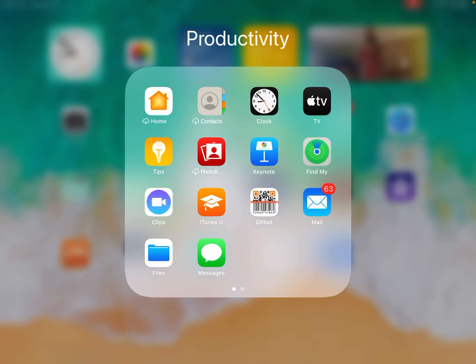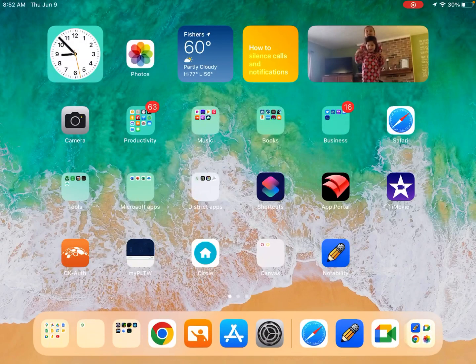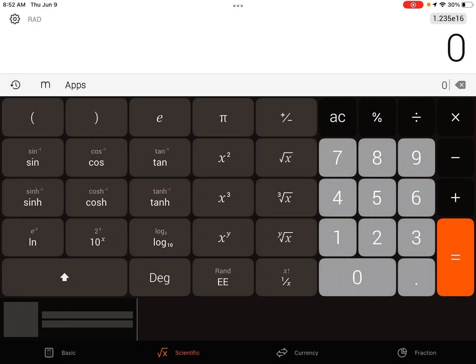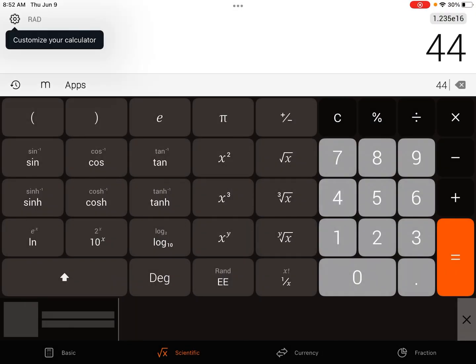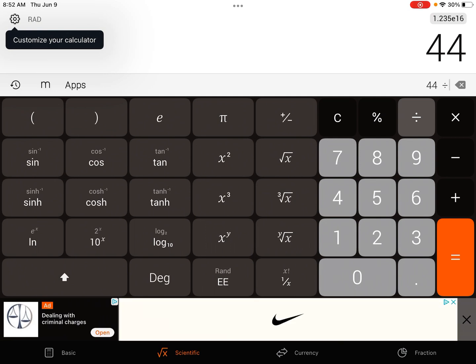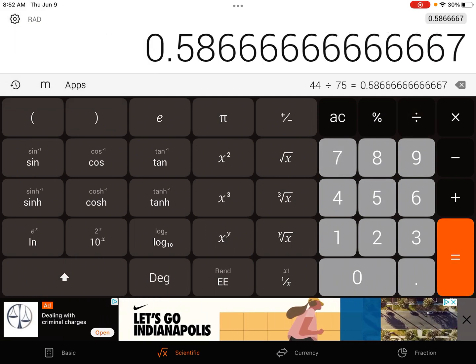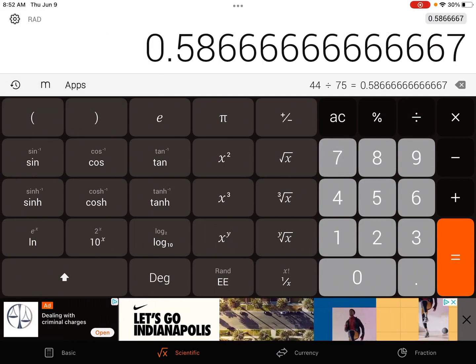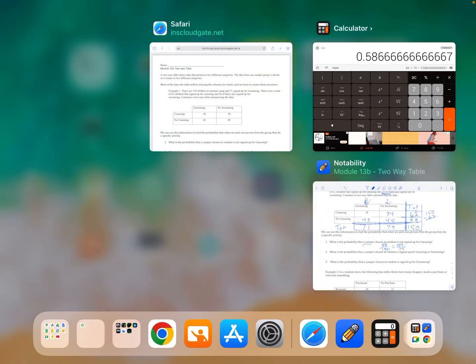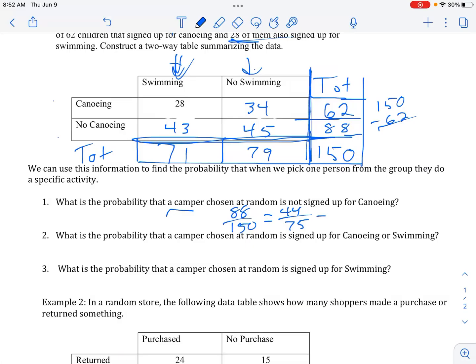There it is. All right, so we said 44 out of 75. All right, so 0.58, and kind of depends on where you round, but maybe it's 0.59 or 0.587. Those would probably be appropriate responses in decimal form.